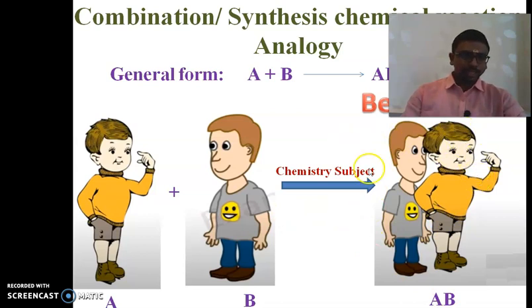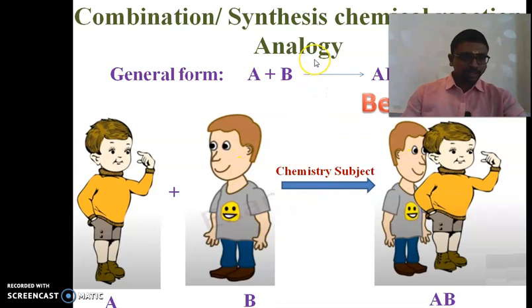What is the initiator here? Chemistry subject. It is the external factor. So in a combination reaction, two different elements or compounds combine with an external factor. Here the external factor is the chemistry subject.